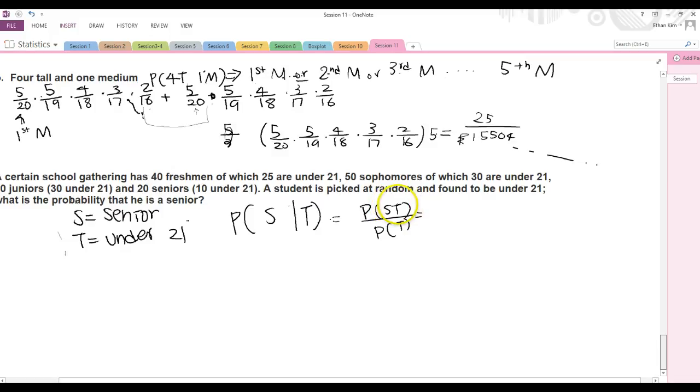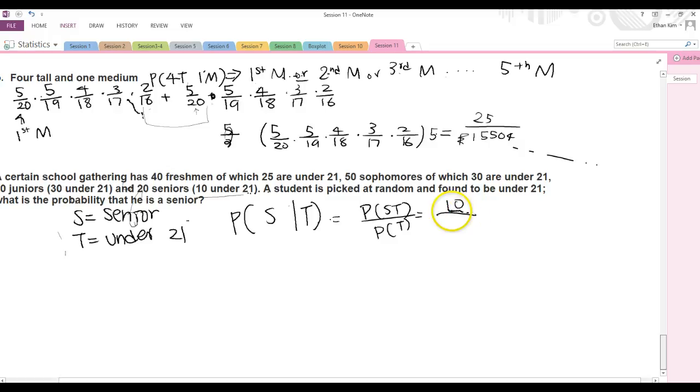Okay, so what's S and T? Well, it says 20 seniors and 10 are under 21, right? So it says right here. So we're going to have 10 people. Actually, we're not using probability, we're just counting numbers because these are out of the same number. The bases are the same.